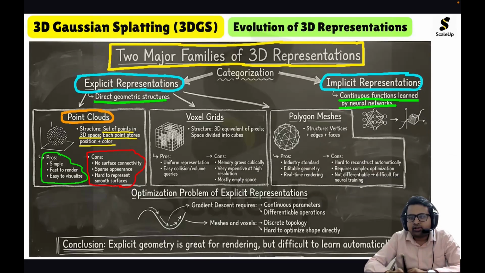The second way of explicit representation is voxel grids. Now, what are these voxel grids? Voxels are basically the 3D equivalent of pixels. They are cubes, and these cubes are like 3D pixels.